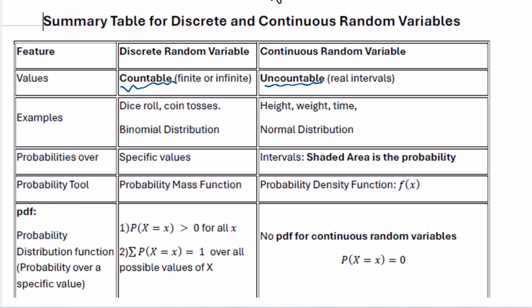So for discrete random variables, we will find the probabilities over specific values. For continuous random variables, we are looking for the probabilities over certain intervals.